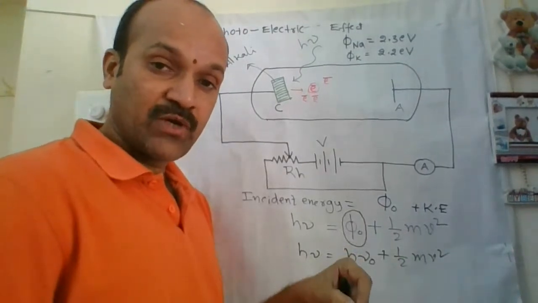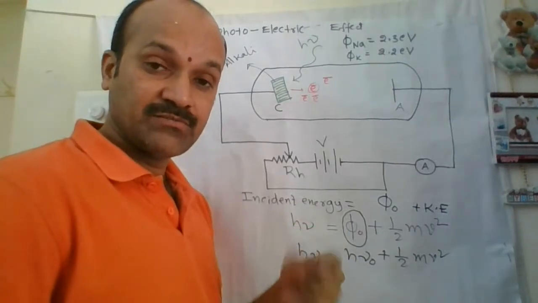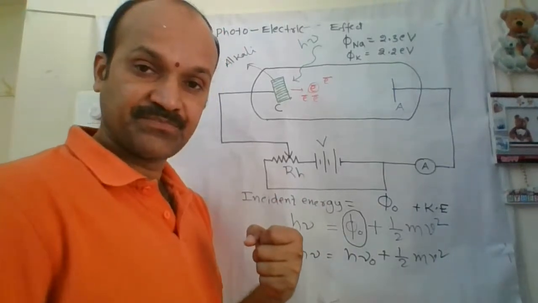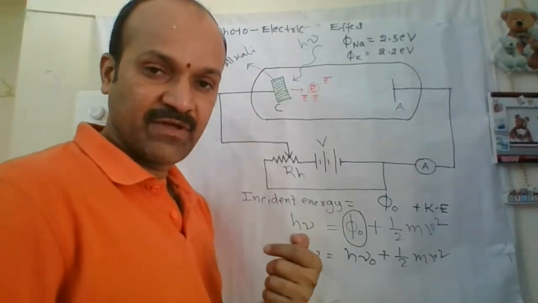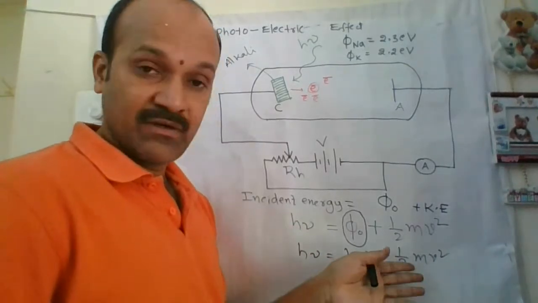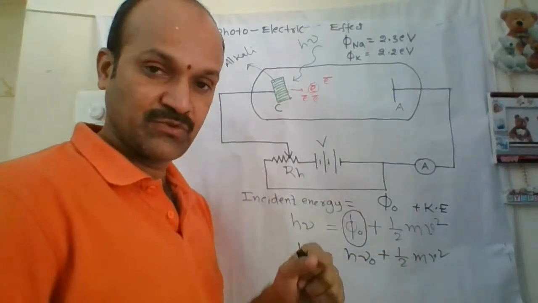To calculate the kinetic energy, you should know the velocity of the electron. How to calculate it? So we should have another way of knowing this value, in other terms, known terms.